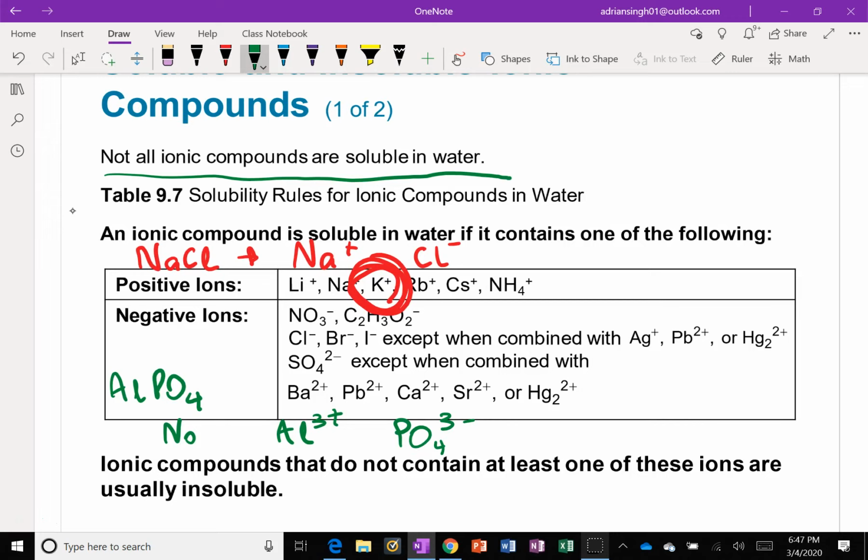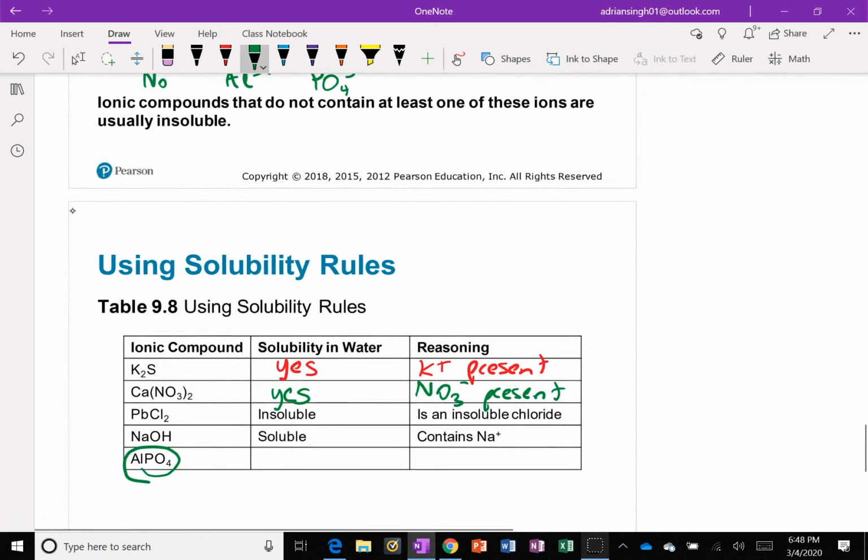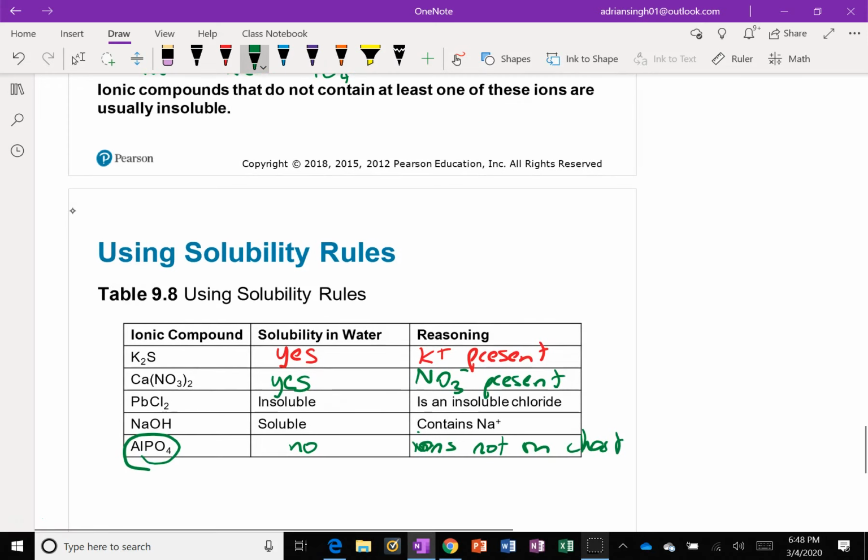Neither of them are on here, so this would be insoluble in H2O. The ions are not on the chart. You have to memorize that chart first. But as you're going through your homework and study modules, you should have the chart handy so you can use it.